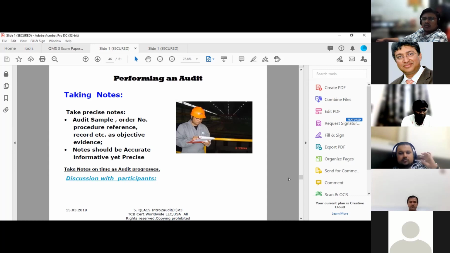As an auditor, you must take notes as you move and perform the audit, because you cannot go and ask, oh, Mohammed, I took this order, that fabricated item, a very heavy section I have taken. What was the customer? Okay, Mohammed, I forgot what the equipment number or the member number was. So then after the third question, you will ask, Mr. Ray, please tell me what more questions you need from me. So I will supply them at a time.